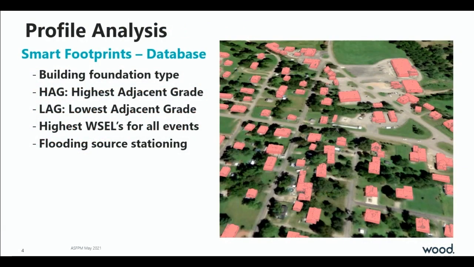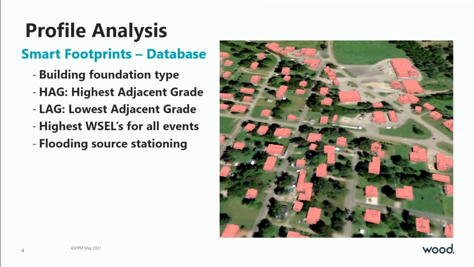As we start down this discussion about a profile analysis, what this analysis does is provide information to planners and engineers so you can look at it and the data helps you make decisions quickly. The first piece of that data that will help you make that decision is a smart footprints database.